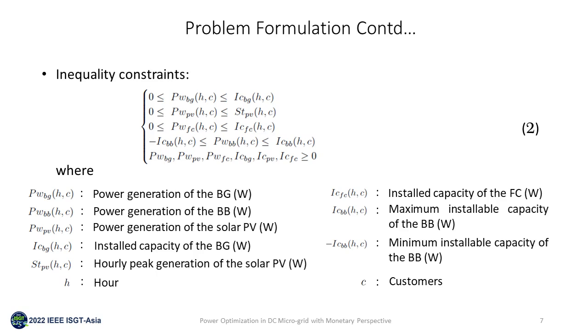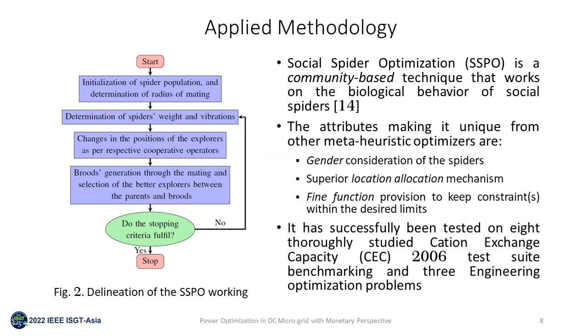Here H and C denote hour and customers respectively, and the negative sign before the installed capacity of battery bank on the left hand side indicates the charging operation of the battery bank, whereas the positive limit of installed capacity of battery bank indicates its discharging operation capacity. And additionally, all these powers and installed capacities must be positive.